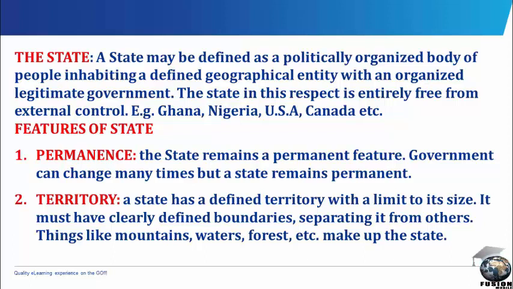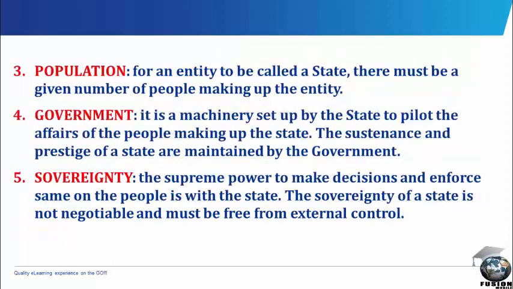Secondly, we have territory. A state has a defined territory with a limit to its size. It must have clearly defined boundaries which separate it from others. Things like mountains, waters, forests, etc. make up a state.